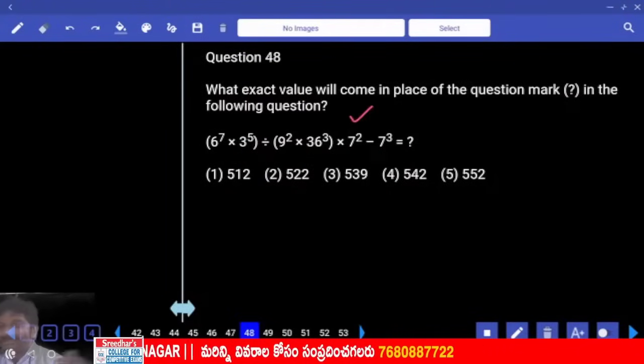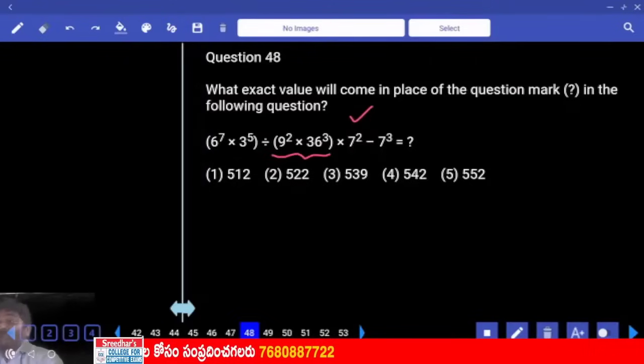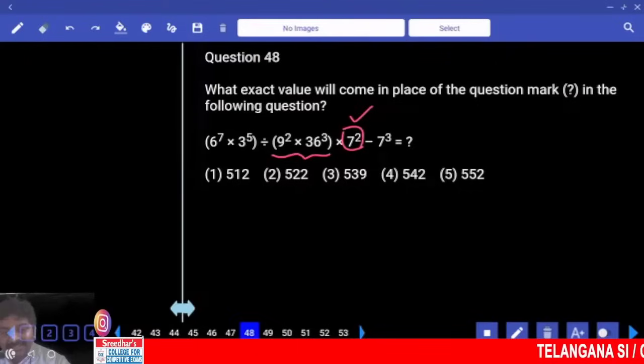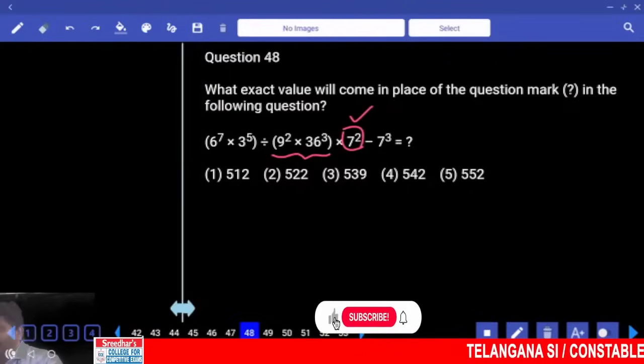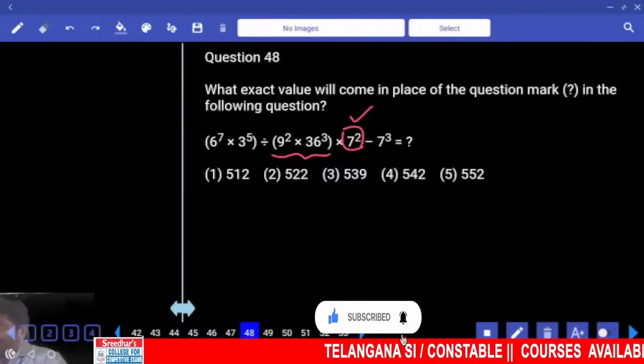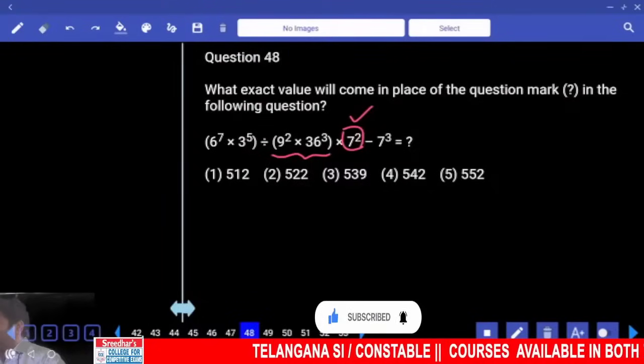So here I have a 7 square multiple. To cancel that, there has to be a 7 square multiple in the denominator, but in the denominator we have only 9 and then 36. None of them are 7 square multiples. So you cannot avoid this 7 square from this place. So that number is a 7 multiple, the other number, the negative number, is also a 7 multiple. The answer must be a 7 multiple, right?